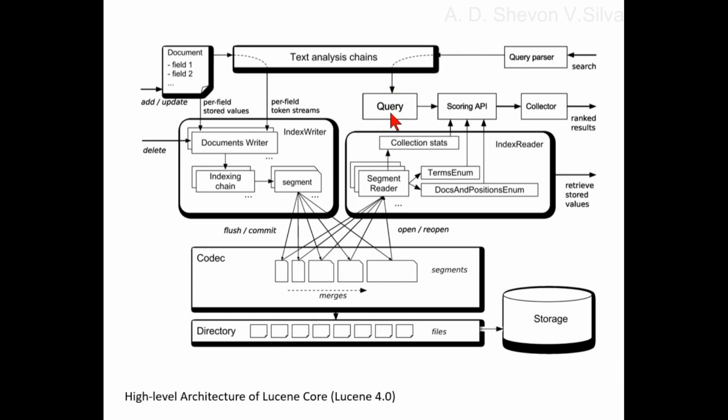Query is connected to the scoring API, and the scoring API is connected to the collector. Collector provides ranked results. Here the codec is connected to the directory. There are files in the directory, and the directory is connected to storage.